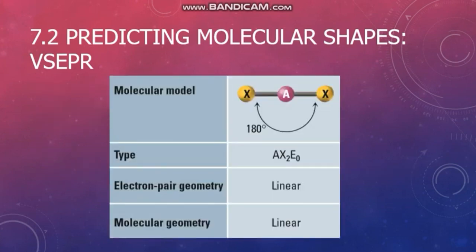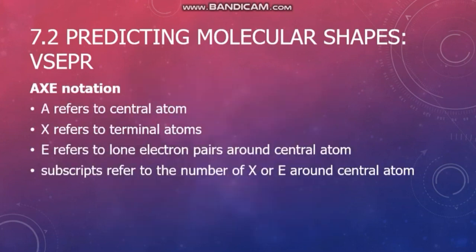So going back again, here we have two terminal atoms and we do not have any lone electron pairs in the central atom, so we have 0 here. That is just like writing chemical symbols.